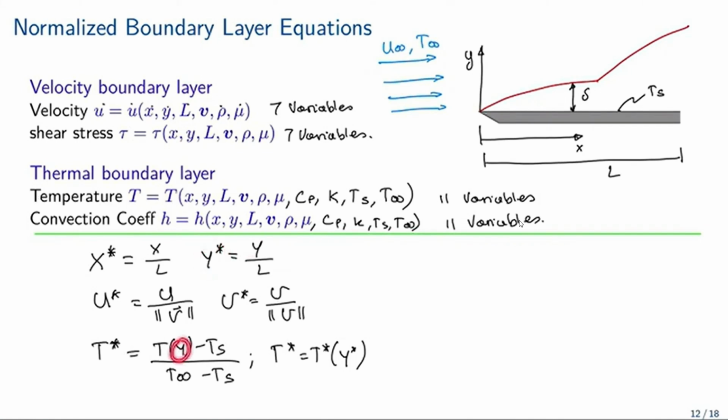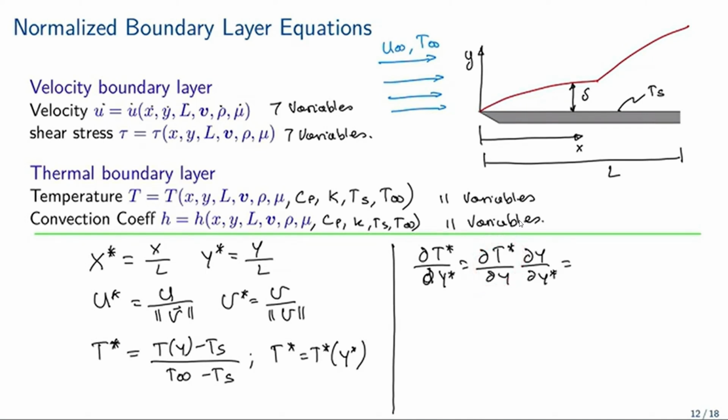Doing some derivatives, we have the derivative of T star with respect to y star, which is equal to the partial derivative of T star with respect to y multiplied by dy divided by dy star.